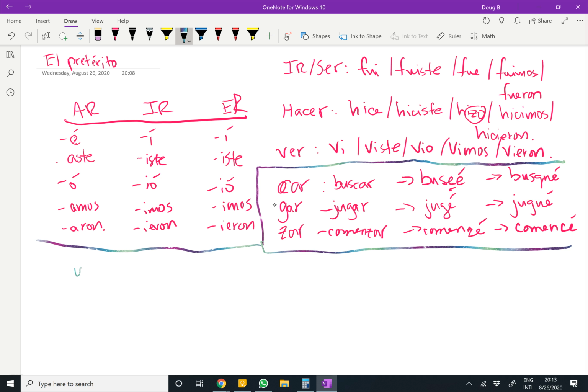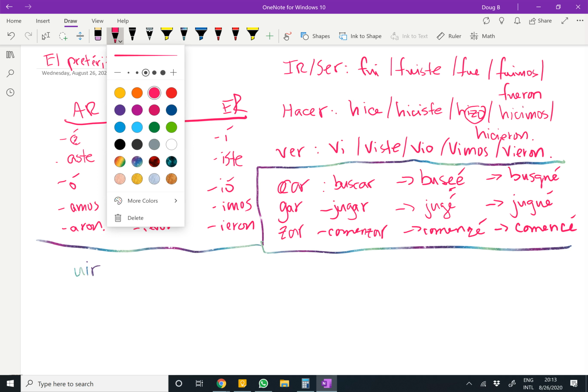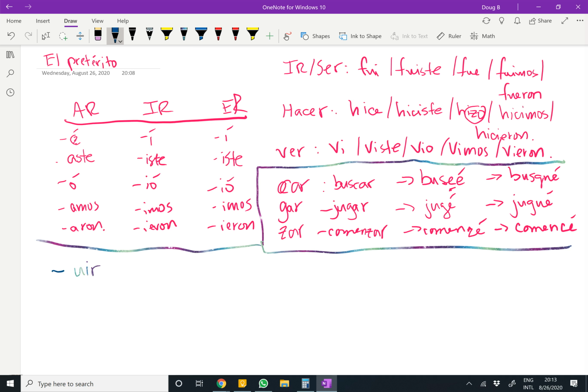So we have a few others. Verbs that end in U, I, R. Pay attention, like construir. If you're conjugating it in the él form, it would be construió.